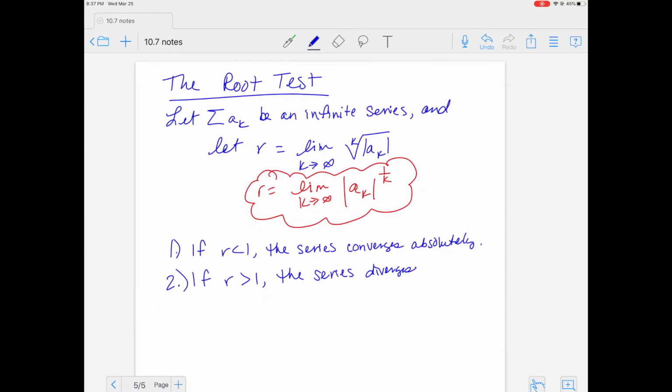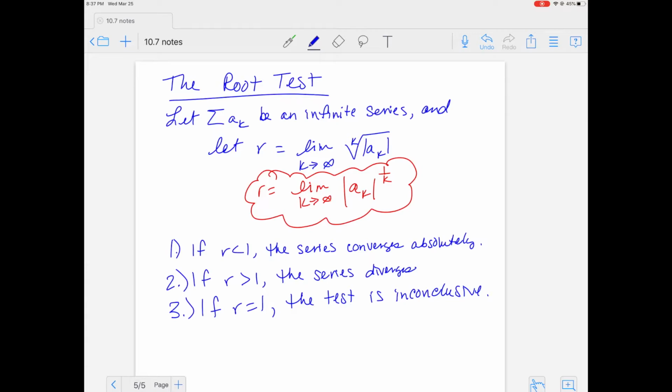If, I'm going to scoot this in a little bit, R equals 1, the test is inconclusive. So the criteria for the ratio test and the root test are exactly the same.